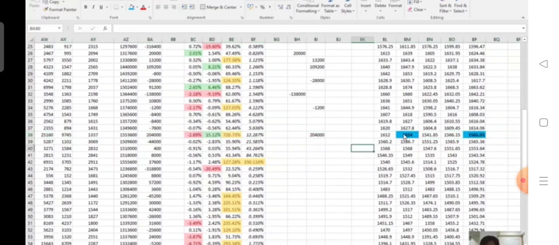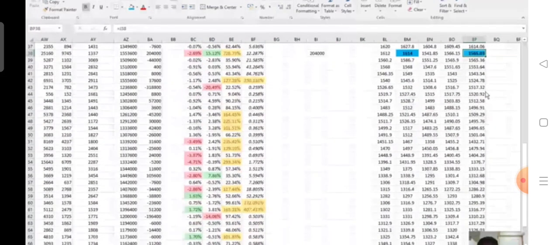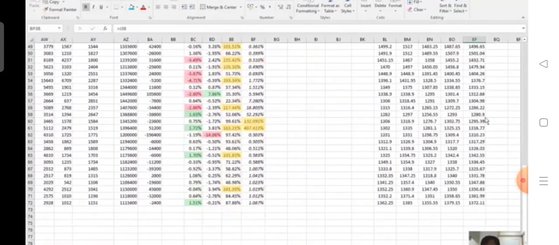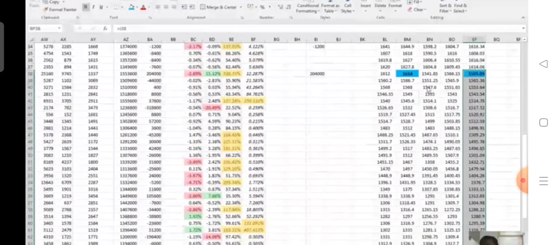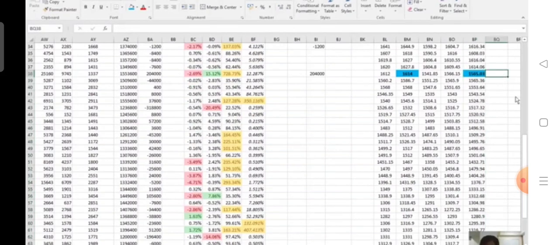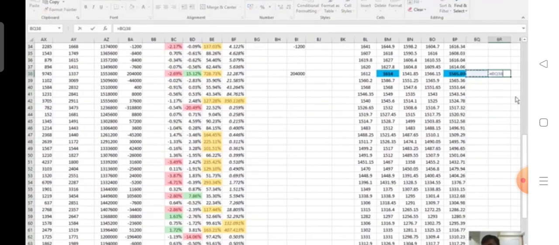From this level of 1640 high, an average of 1565, this stock has actually not broken that average since the day when significant delivery was done. This 1565 becomes an extremely important resistance for this stock.